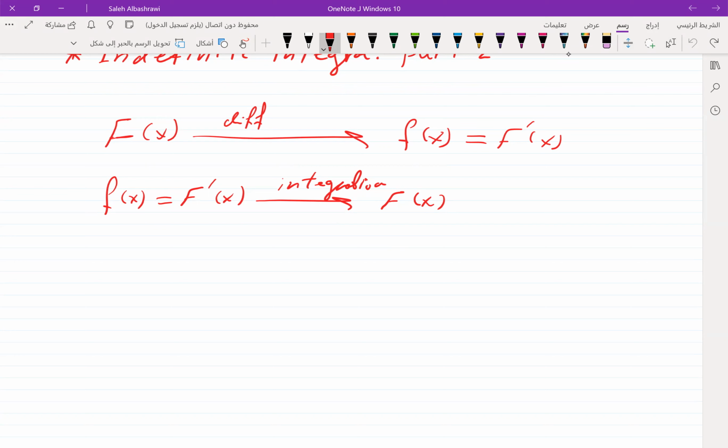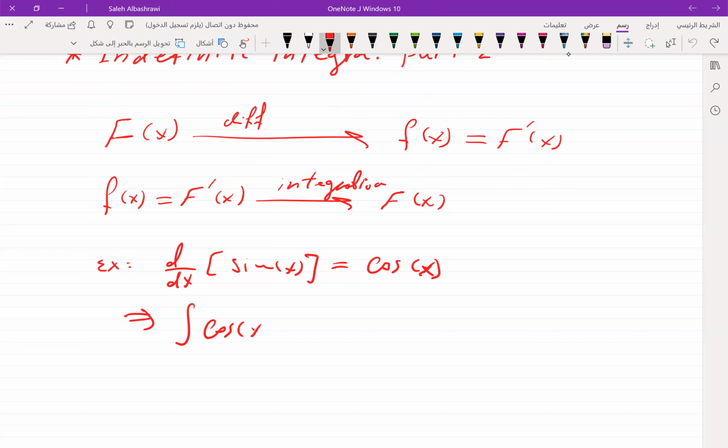For example, we know that the derivative of sine x equals cosine x, which means the integration of cosine x dx is equal to sine x plus some constant, because this is an indefinite integral.